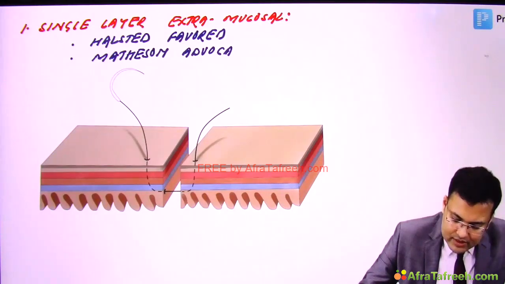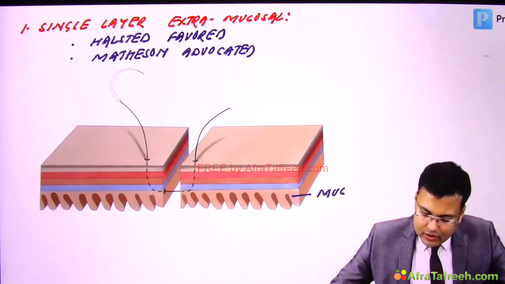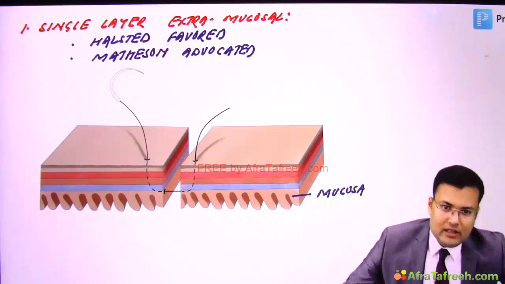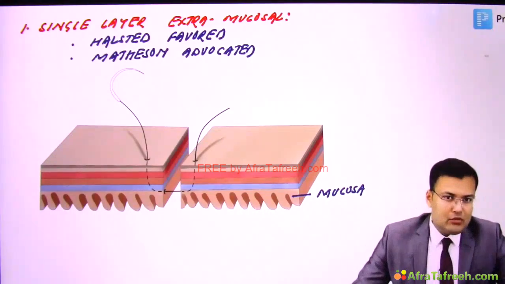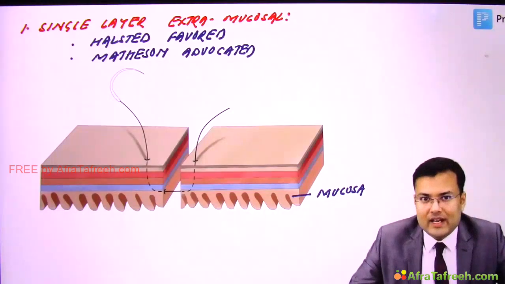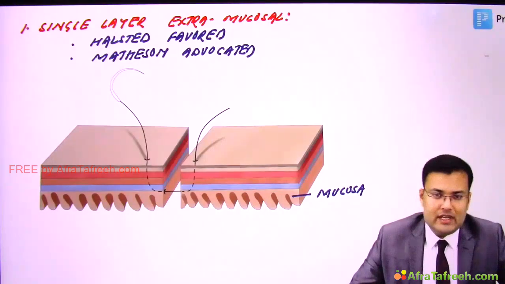Now see what is done here. Here you can see this is the mucosa, and the mucosa is not taken. The rest of the layers, submucosa, muscularis propria and serosa, are all taken in one layer. That's why this is known as single layer extramucosal anastomosis.